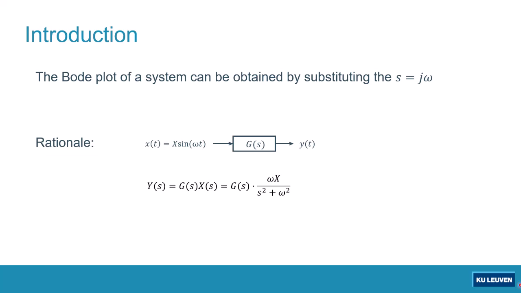Let's consider again this block diagram representing a simple dynamic system with a transfer function of G(s), where a harmonic input x(t) is given to the system, where in turn the system will respond by having an output y(t) there.